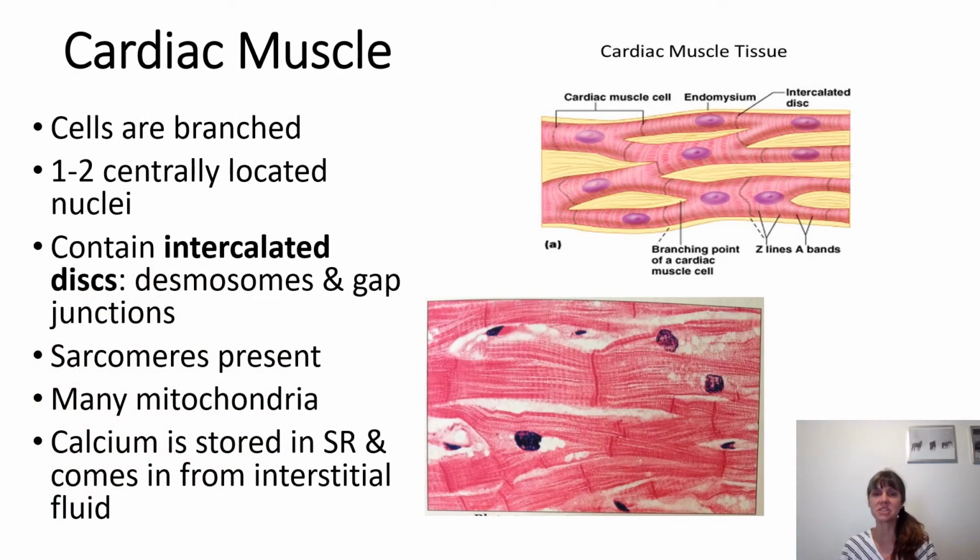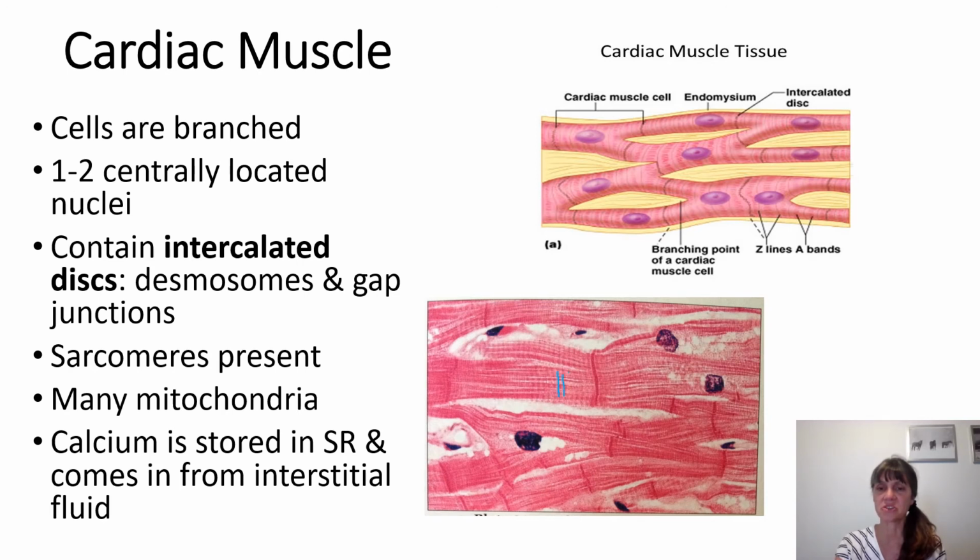With cardiac muscle tissue, we mentioned before that the cells are branched. Here we have two pictures where you can obviously see the branching in the cardiac muscle tissue that we couldn't see readily previously. We may see one or two centrally located nuclei. We have striations in cardiac muscle tissue, which is easy to see even on this picture of the actual slide below.